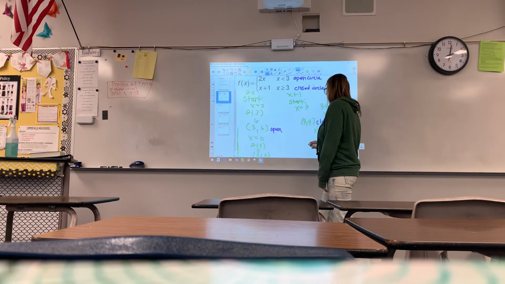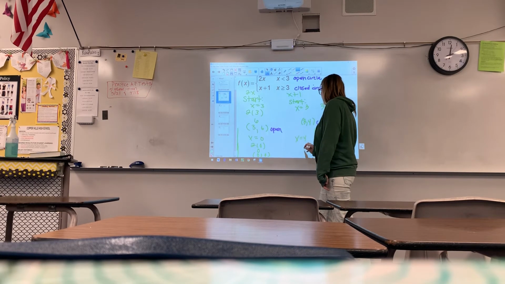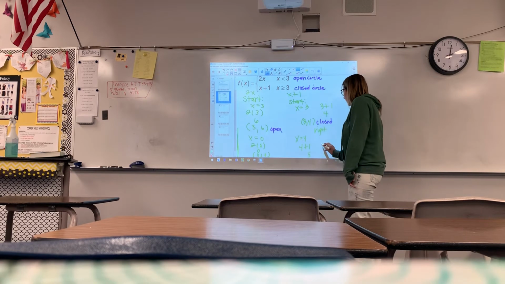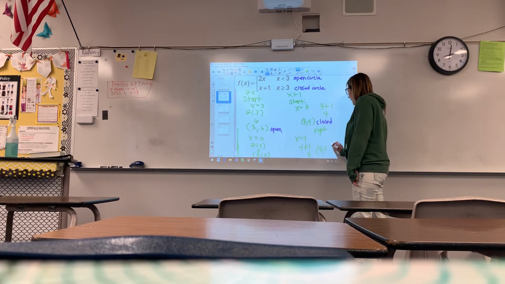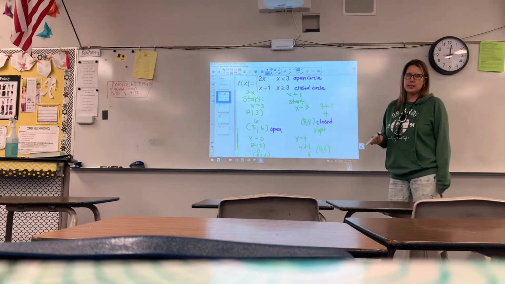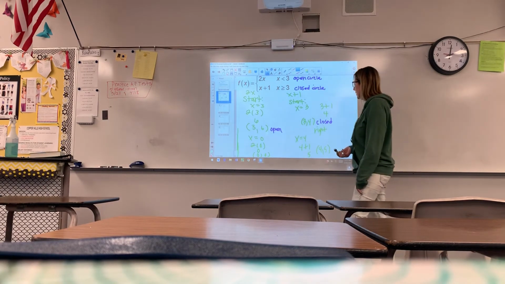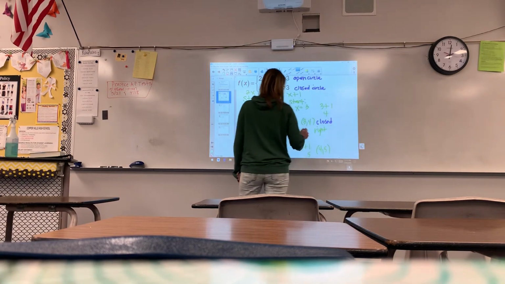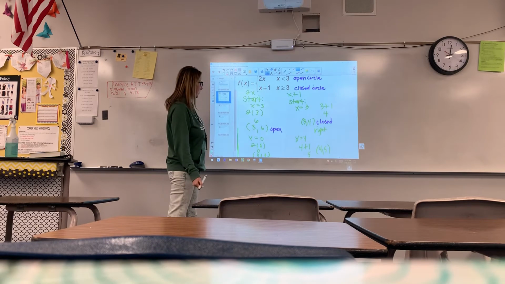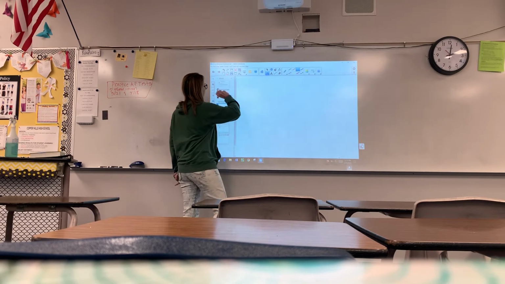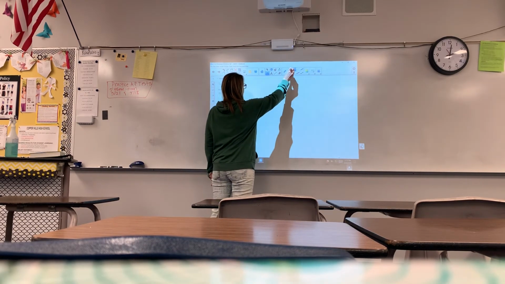Let's just do 4. If I plug a 4 in, I get 4 plus 1, and we get 5. So our ordered pair is 4, 5. Then we're going to connect those dots and continue from there. So we have our start point and then the direction that we're going. Then we're going to go to a graph.